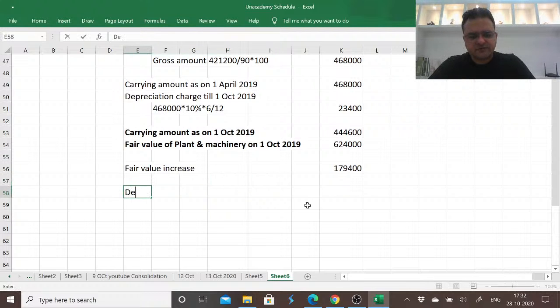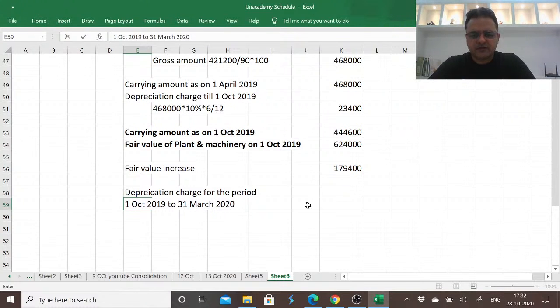So depreciation charge for the period 1st October 2019 to 31st March 2020 is 624,000 into 10% into 6 by 12. Total depreciation charge for the next 6 months is 31,200.